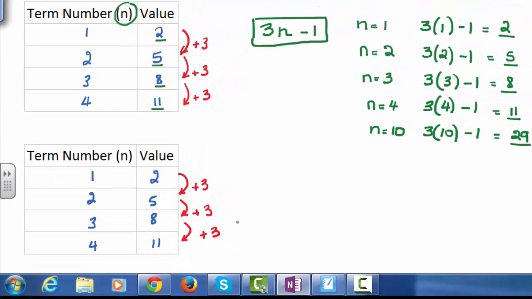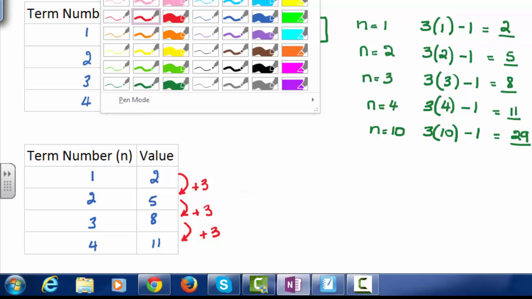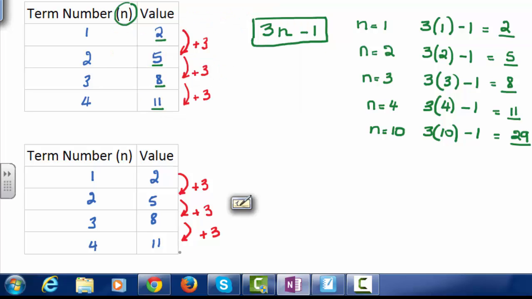Again, the same thing. Now, instead of using the algebraic expression 3n and fixing it with minus 1, there is another strategy. Let's start from down. Let's check with the green color for n equals 4, for the fourth term. When n equals 4, how do I get 11?